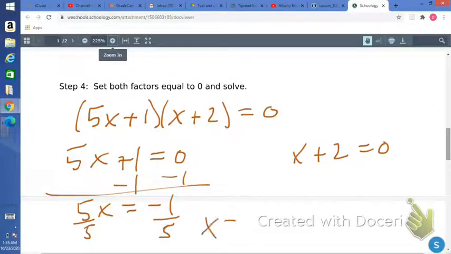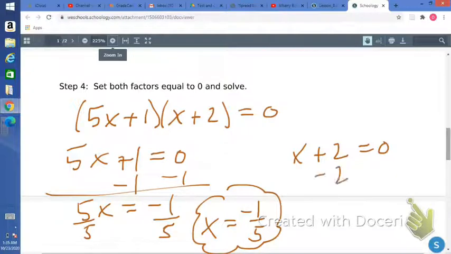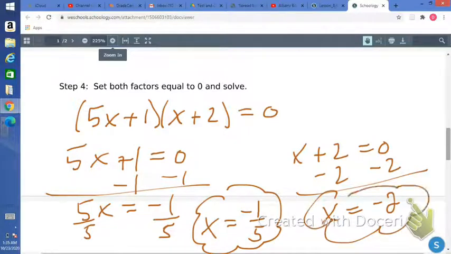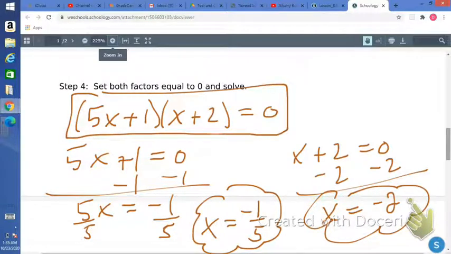So we have x equaling negative 1/5. Alright, there's one of our solutions. And then the other solution, subtract 2 from both sides, so we have x equaling negative 2. Alright, so those are our solutions, and then that's our factored form.